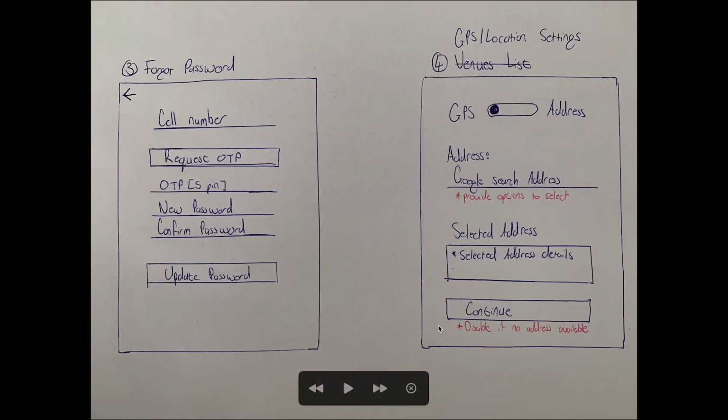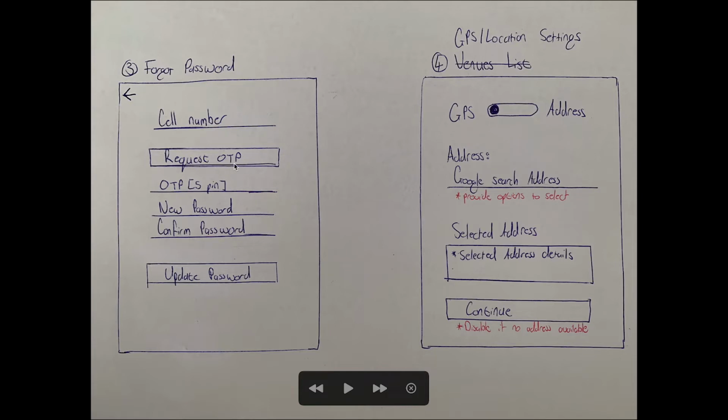Then if the user had to click forgot password, you must remember that you always have to have a forgot password button, because if the user forgets their password and there's no forgot password method, that means he'll never be able to access his account again. So always remember to have a forgot password page. If the user forgets his password, he will go ahead and enter his cell phone number. Once he enters his cell phone number, there will be a button for him to request an OTP.